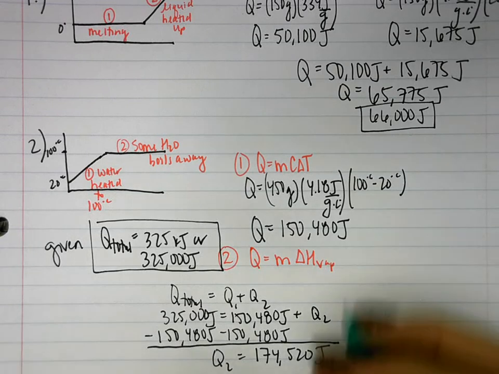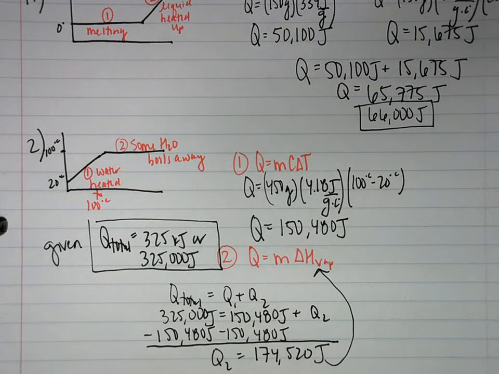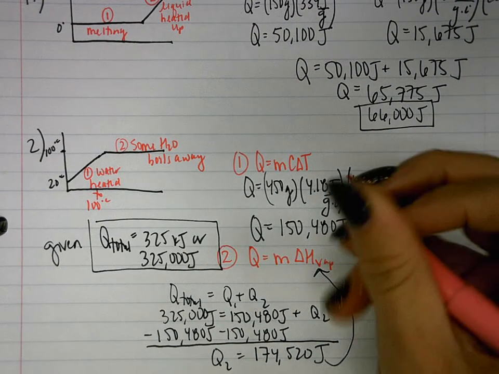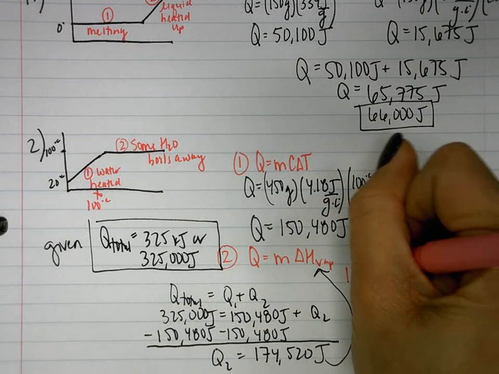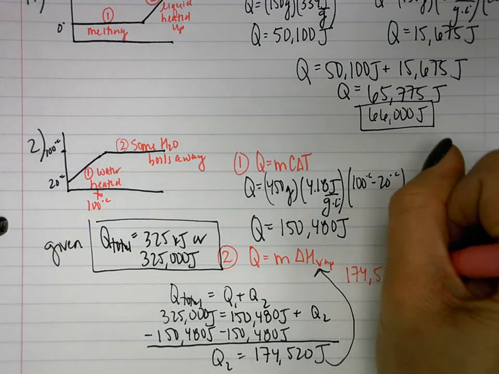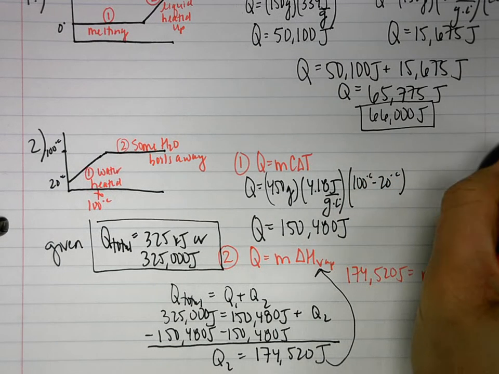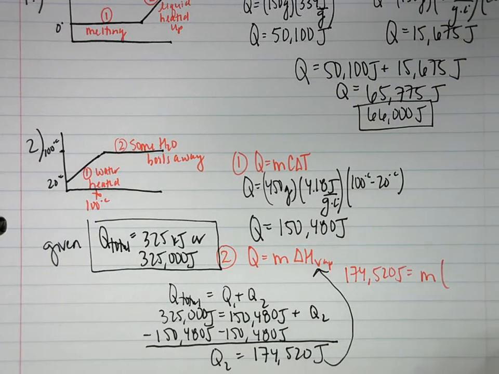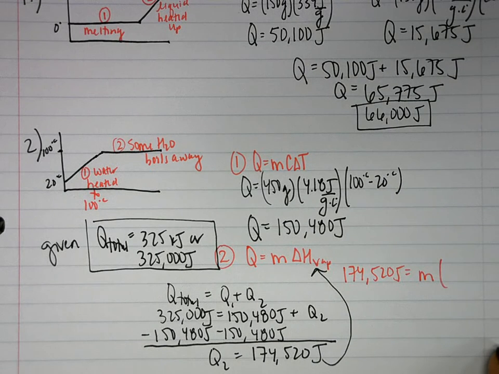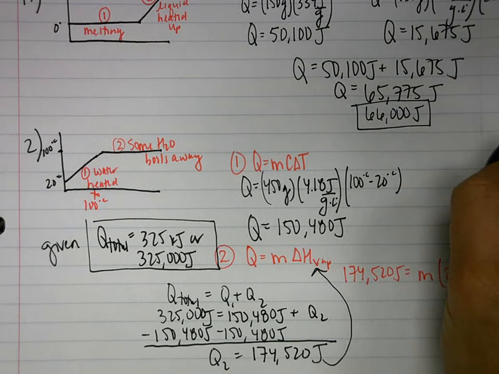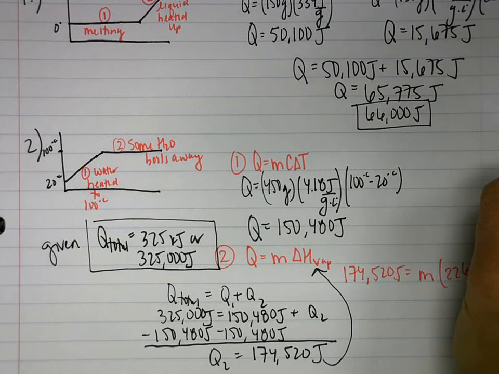Now I can plug that into my equation. My Q, 174,520 joules, equals my mass times the delta H of vaporization for water, which is given to us and is 2,260 joules per gram.